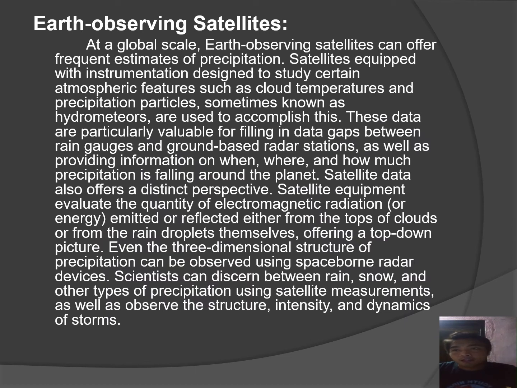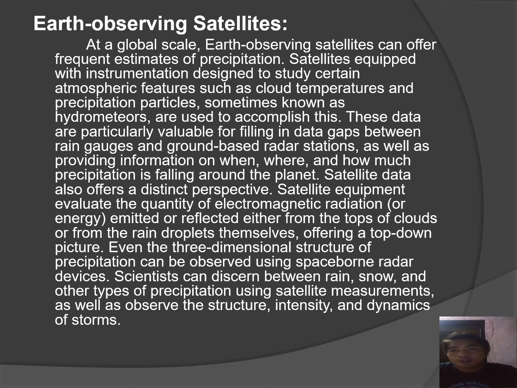So next is Earth observing satellites. At the global scale, Earth observing satellites can offer frequent estimates of precipitation. Satellites equipped with instruments designed to study certain atmospheric features such as cloud temperature and precipitation particles, sometimes known as hydrometeors, are used to accomplish this.